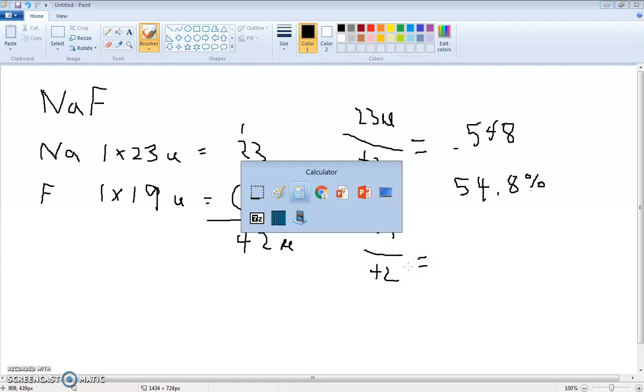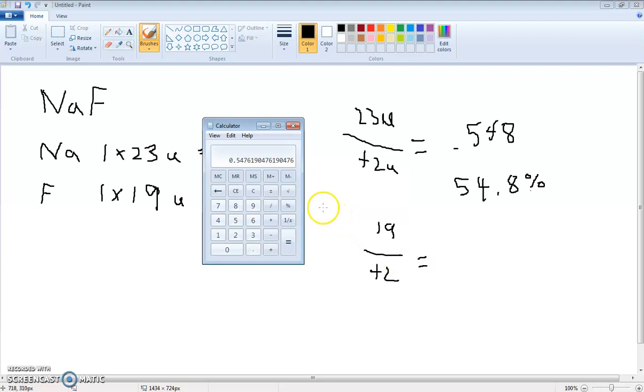So let's go back over to the calculator. 19 divided by 42.